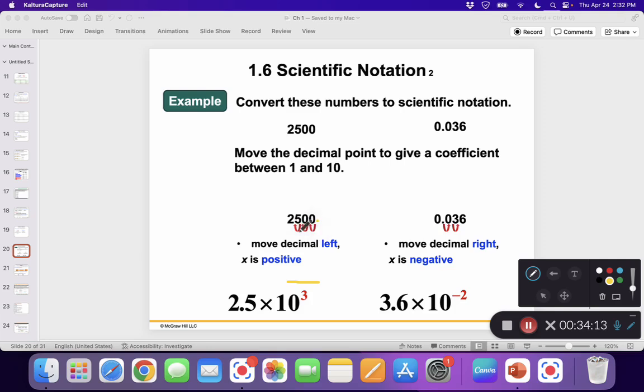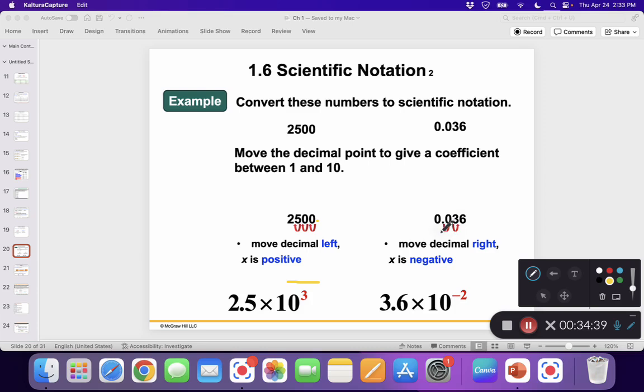You had to move the decimal 3 times, right? So it is 10 to the power 3. Another way of looking at it is, the power will be positive if your standard number is greater than 1. The power will be negative if your given number is smaller than 1.